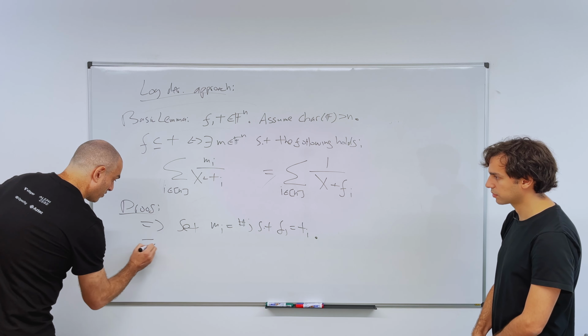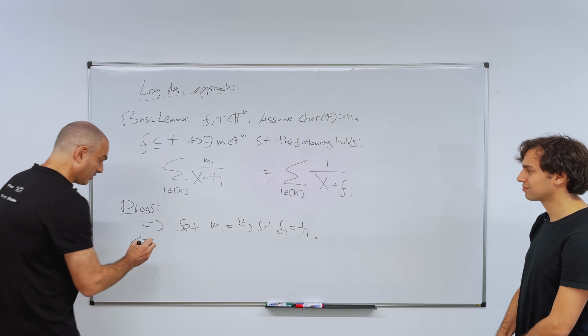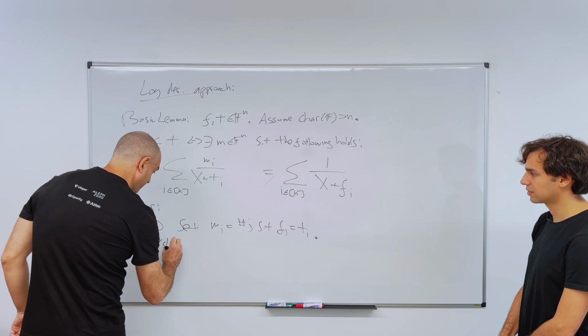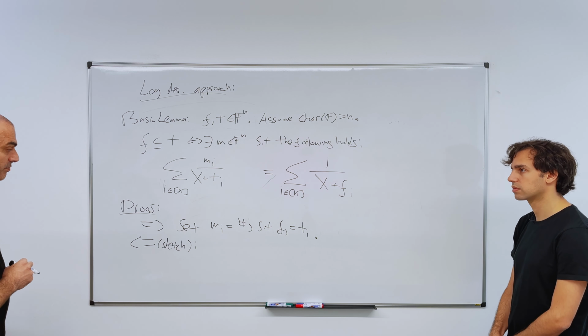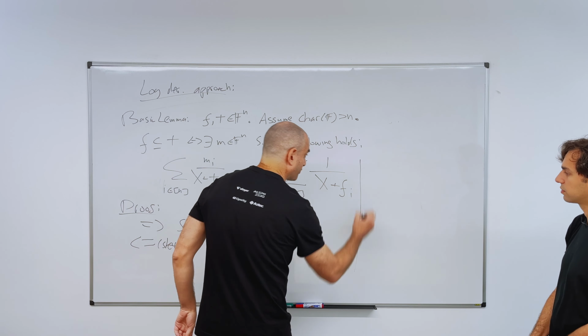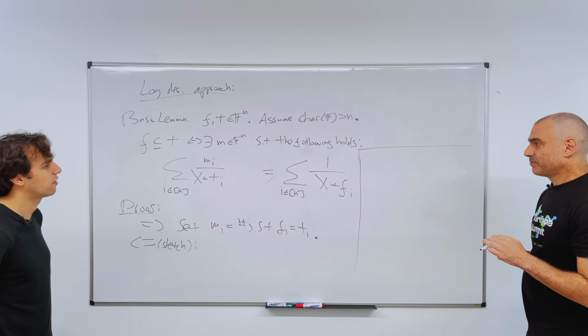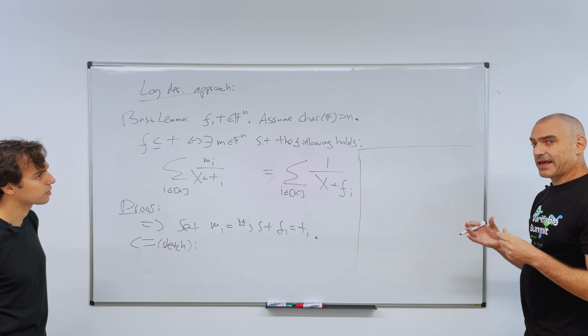Okay, now the more interesting direction is the other one, and let's just sketch it. Sure. So let me do it here, maybe. Sure. Let me move to the other side. All right. Okay, so now let's assume that f is not contained in the table.